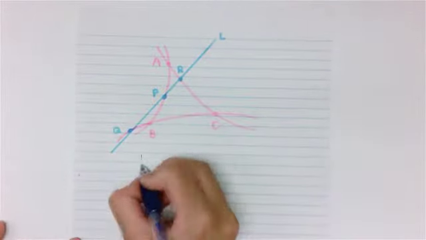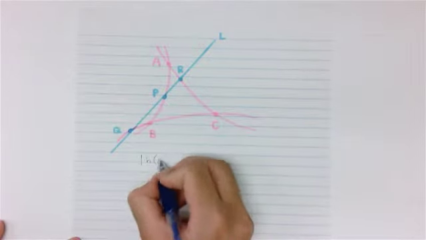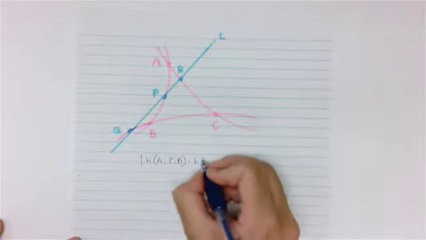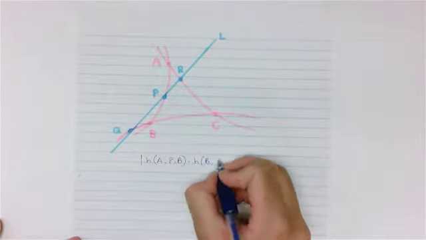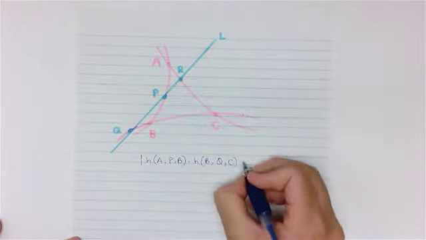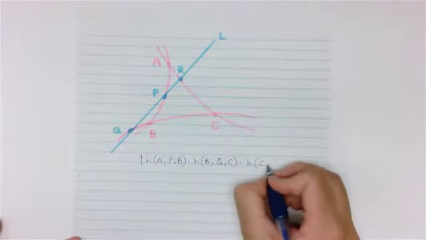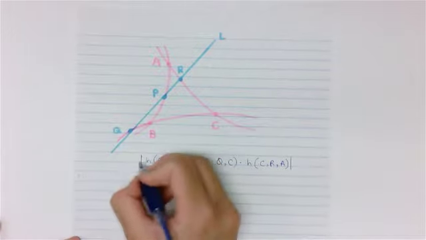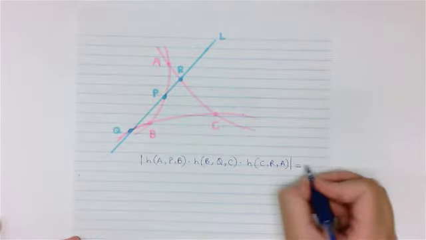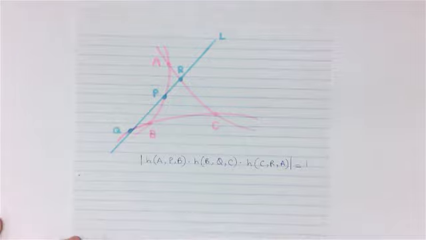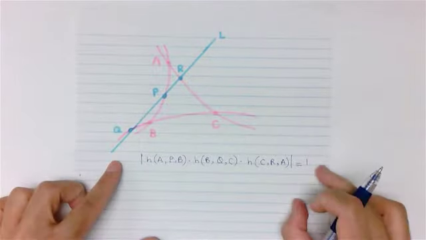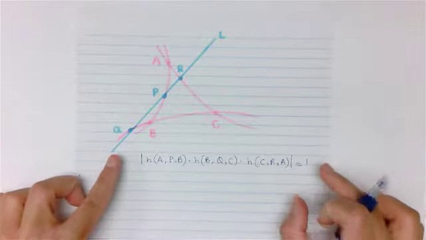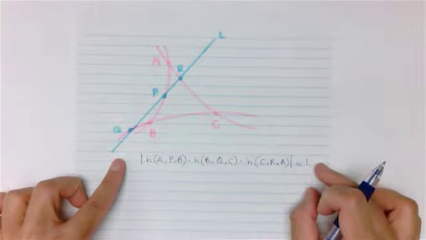We can write this as the hyperbolic ratio of points APB times the hyperbolic ratio of points BQC times the hyperbolic ratio of points CRA, and when we take the absolute value of this product, we get 1. So this is a statement of Menelaus' theorem in hyperbolic geometry.